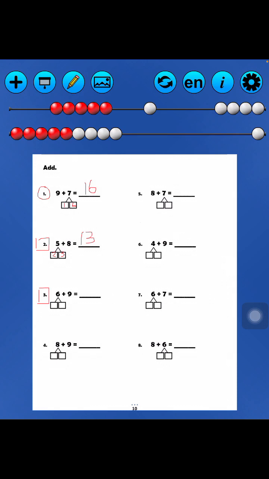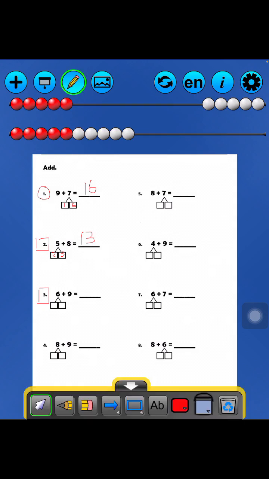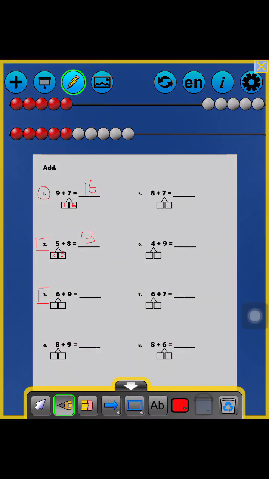If we move 1 bead to the left in the second row, in the first row we need to move 1 bead to the right. So 6 is split into 1 and 5. And 6 plus 9 equals 10 and 5, which is 15.